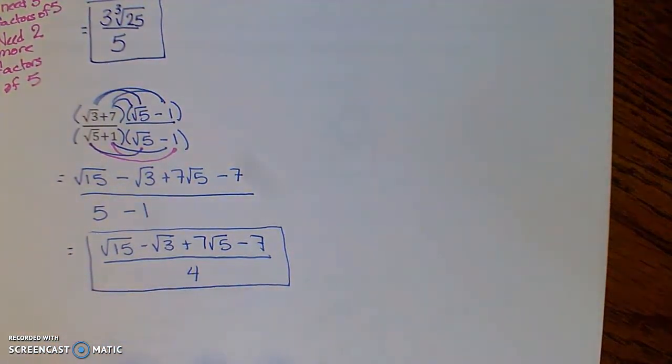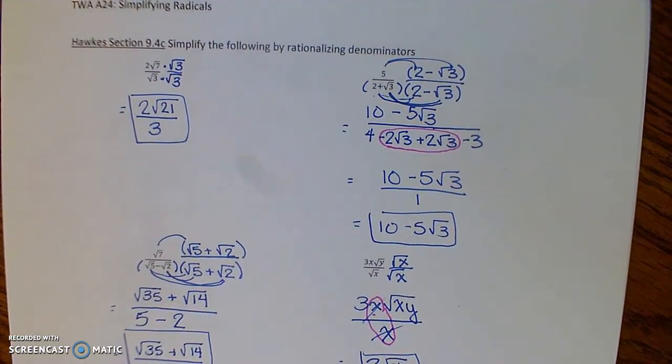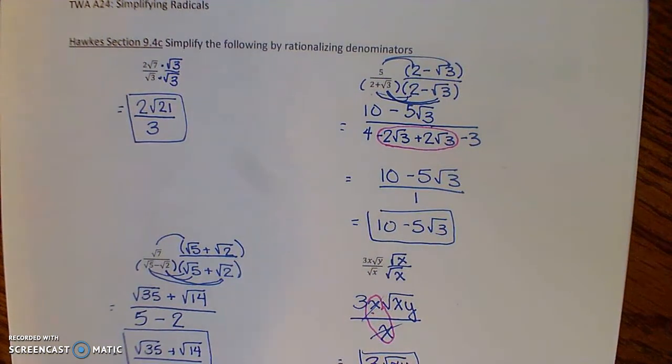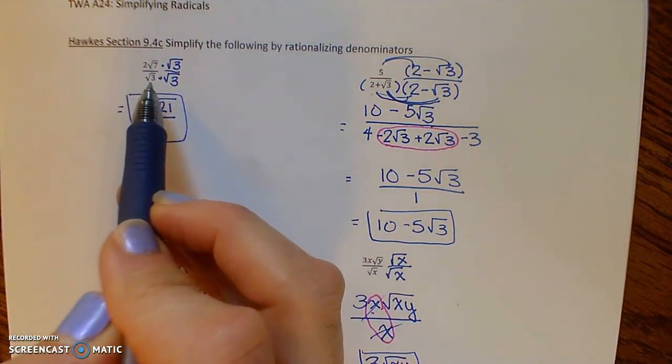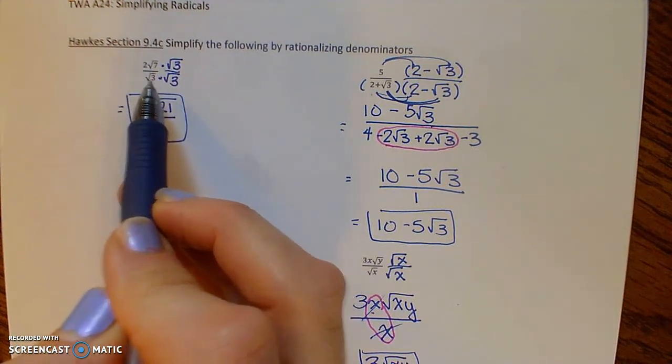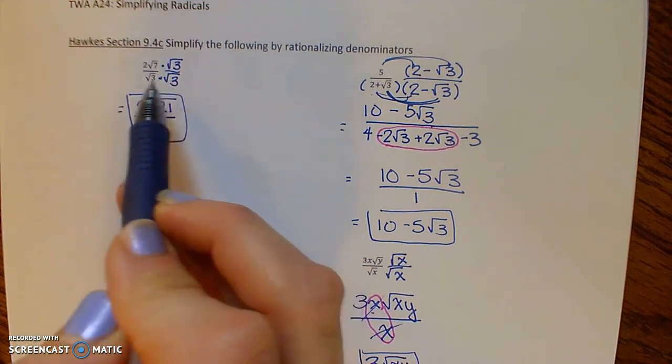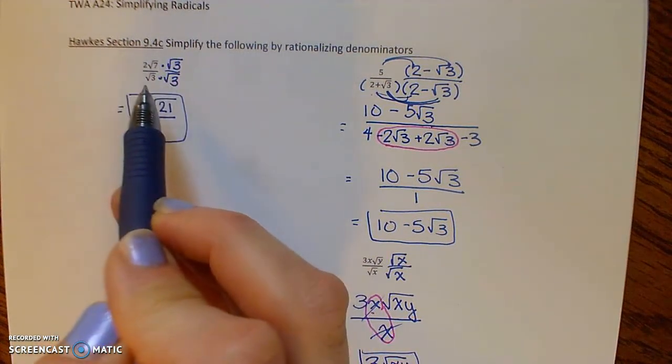Okay, I do want to go over one more time the strategies we use for each of the different types of radicals we simplified in section 9.4c. Okay. If it's a square root and you just have one term in the denominator, just multiply by that radical just once, because all you need is 2 of them to match and get rid of the radical for you.